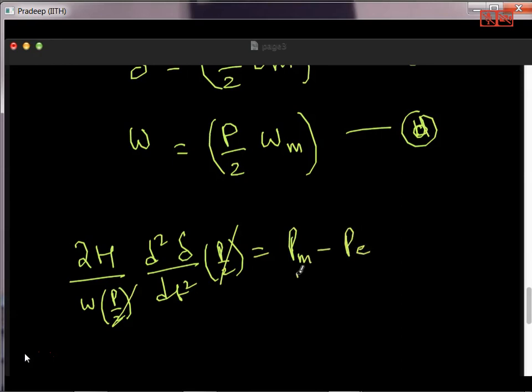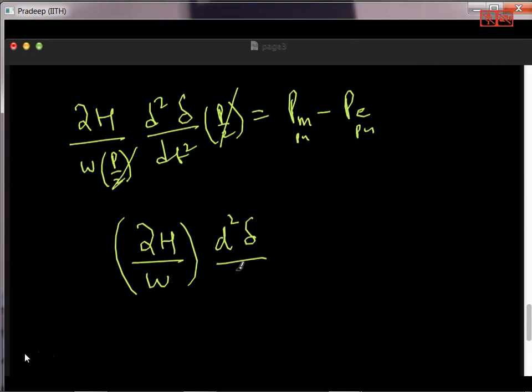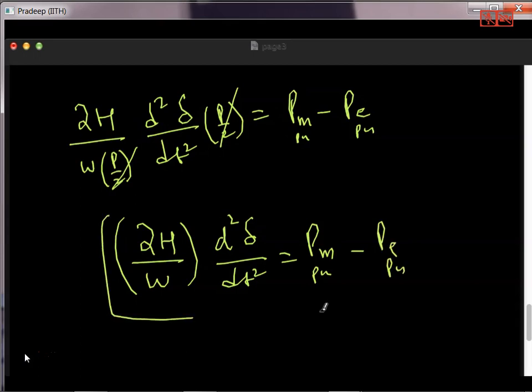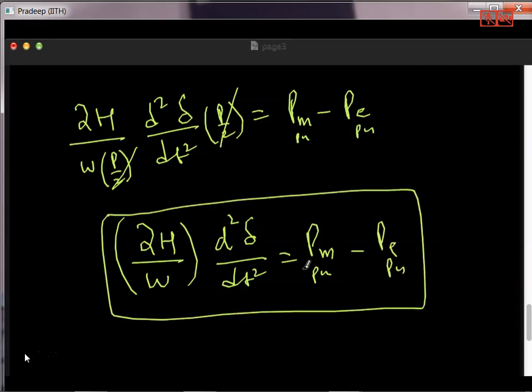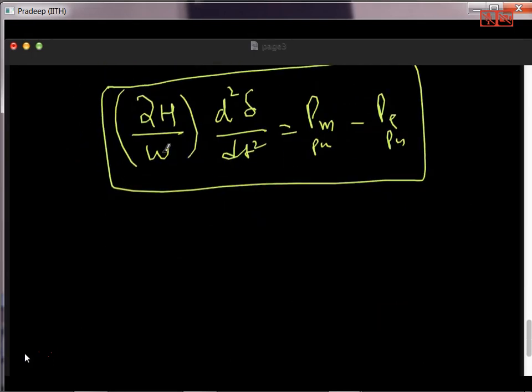So this is again in per unit, this is in per unit. So this P by 2 will cancel each other. So I can now write 2H by omega into d²δ by dt² equal to Pm in per unit minus Pe in per unit, like this. This is again the latest swing equation. There are different forms of swing equation. Now what is omega?